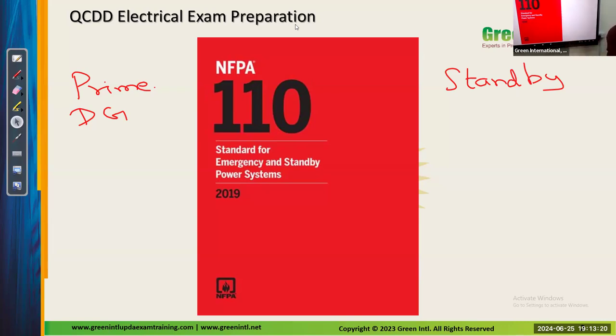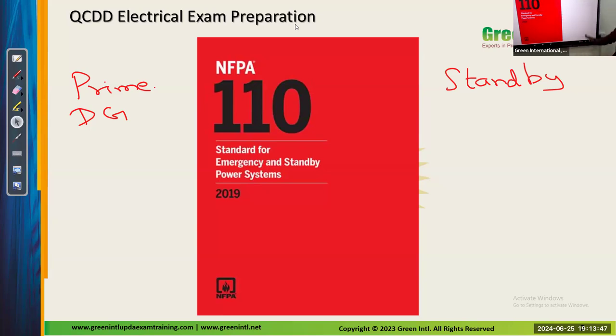But in our BOQ, mostly we use the standby generator, because here we have one building. Here we are using Karama power. Due to unexpected reasons, when the power fails, we go for the standby, the emergency systems. That means here we have a generator, and the generator must comply with this standard.